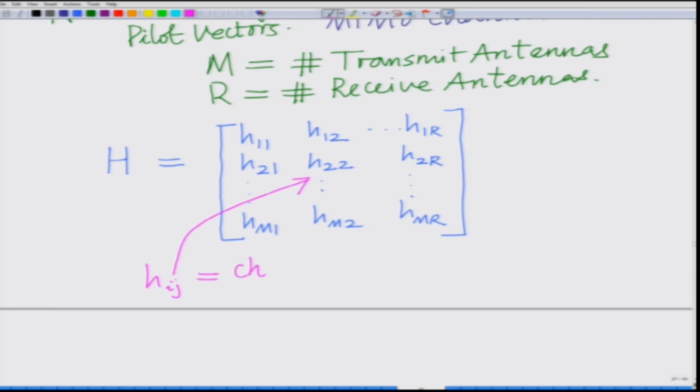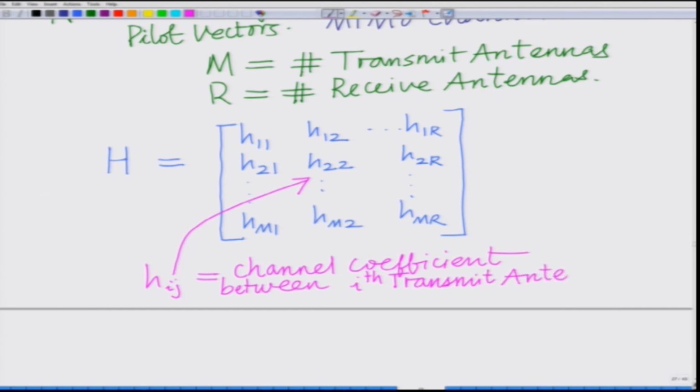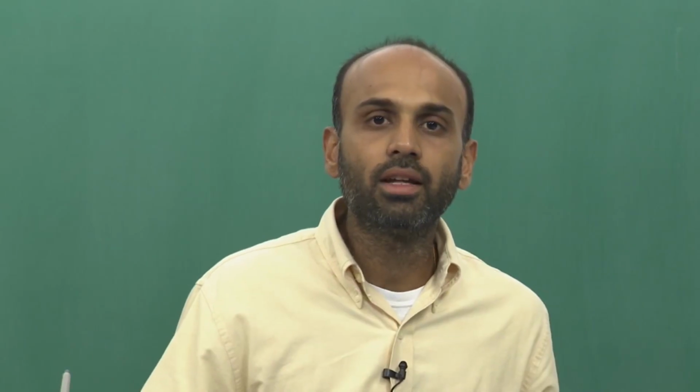is the channel coefficient between the ith transmit antenna, as per our definition, and the jth receive antenna.